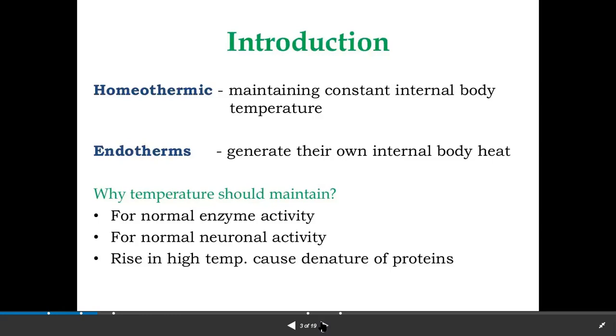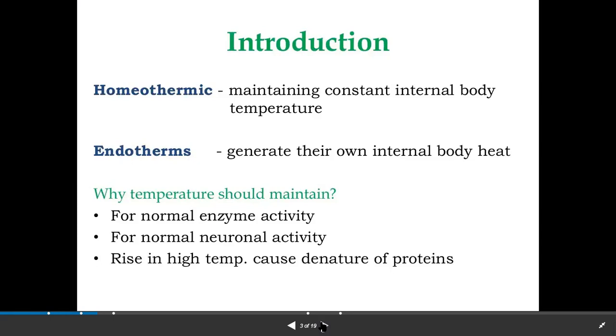Homeostasis is maintaining a steady internal environment, yes? Temperature is part of the internal environment that we need to maintain. So the process of maintaining that is homeothermic, right? If you are able to maintain your body temperature, you will be regarded as a homeothermic organism or an endotherm.